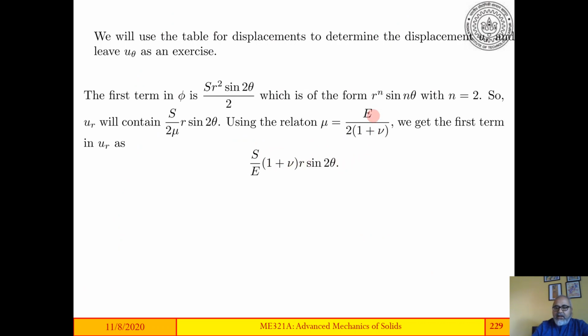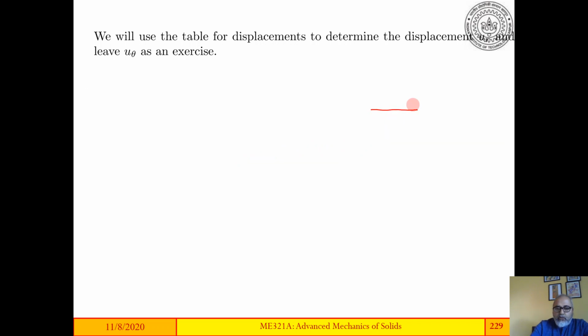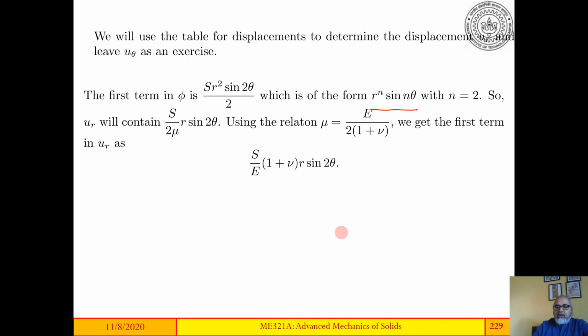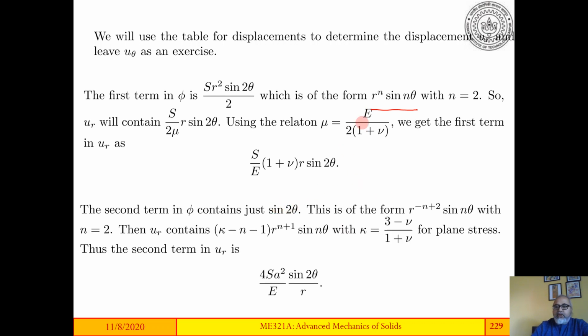We take this term, r^n sine n theta with n equal to 2, which appears somewhere here, this one, which gives r to the power 2 minus 1, that is r to the power 1, in the displacements, which means that in the displacements you are going to have r sine 2 theta terms. And then don't forget to divide by this 2 mu, because these displacements are given as 2 mu times the displacement. Okay, and the first term in u_r will be this.